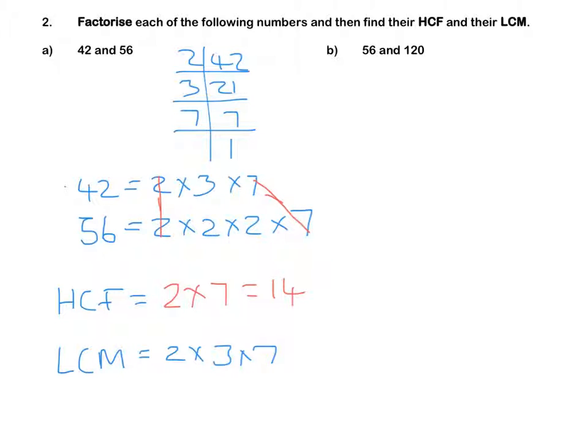So we are missing to times by 2 and another 2, which I write down. Then all we need to do is multiply out. 2 times 3 is 6, 2 times 2 is 4, then 6 times 7 is 42, and 42 times 4 is 168. You can check that by yourself.